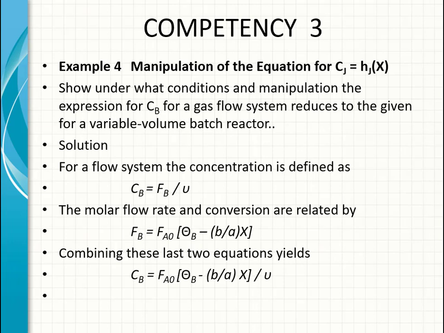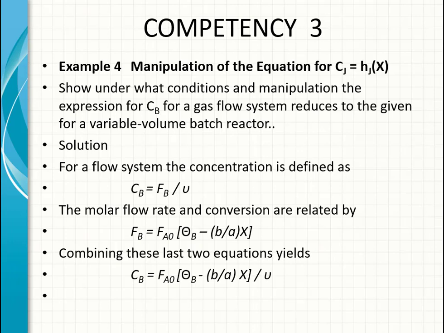So, example 4. Manipulation of the equation for the concentration of J as a function of conversion. Show under what conditions and manipulation the expression for the concentration of J for a gas flow system reduces to the one given for a variable volume batch reactor.